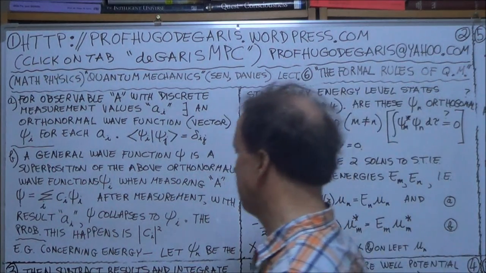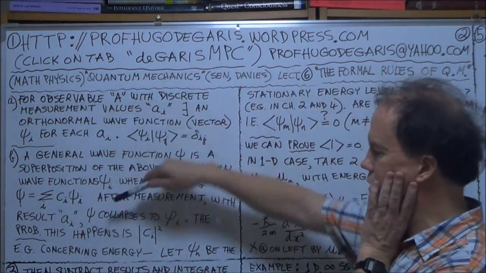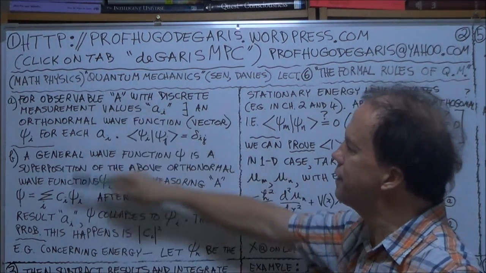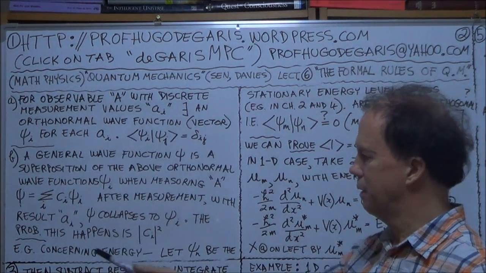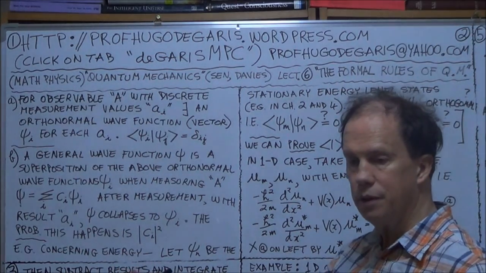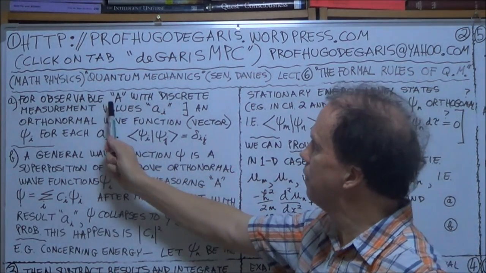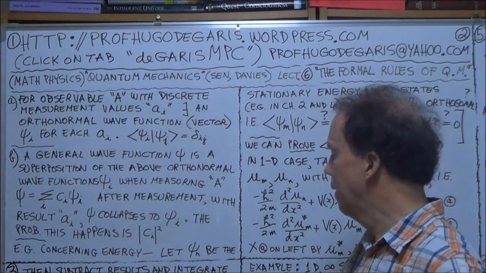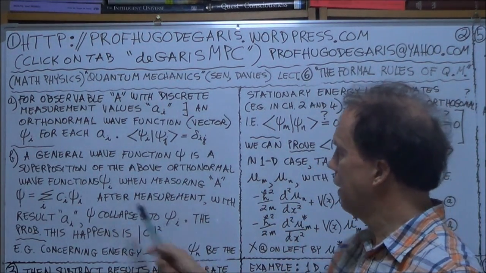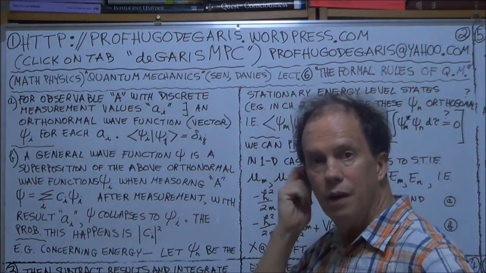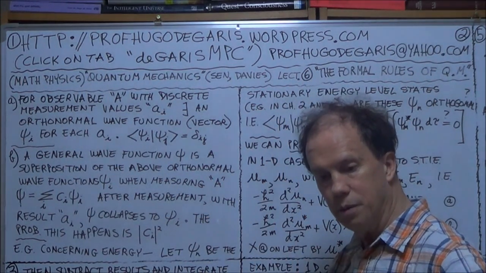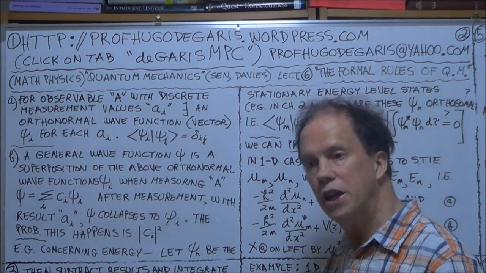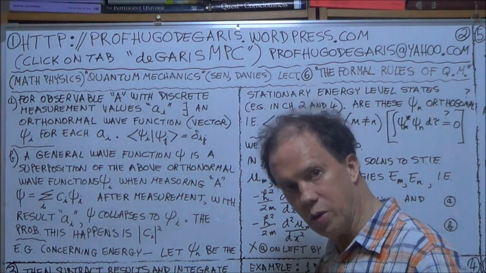You just think in those terms. All right. So that's the general concept. Now let's apply these ideas to energy. So now the observable A here is now the energy. So instead of A we took E, capital E, and these psi now correspond to the eigenstates of the energy in the Schrödinger equation.